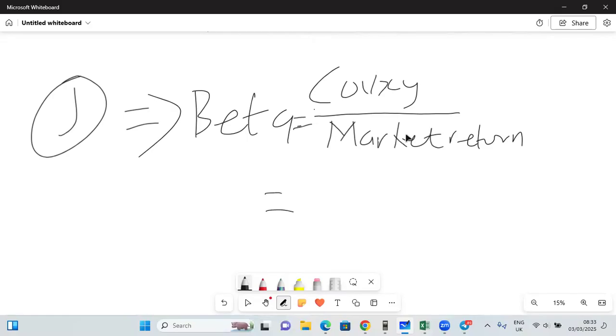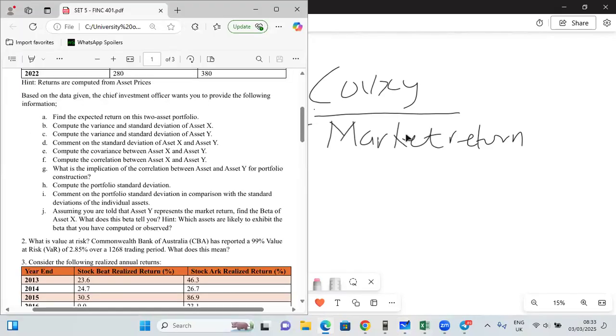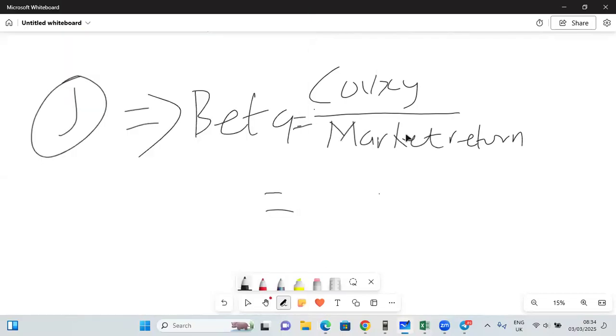Now the question is saying that we should let asset Y represent the market return. So the market return is going to be the variance of asset Y. Now the covariance will still come.